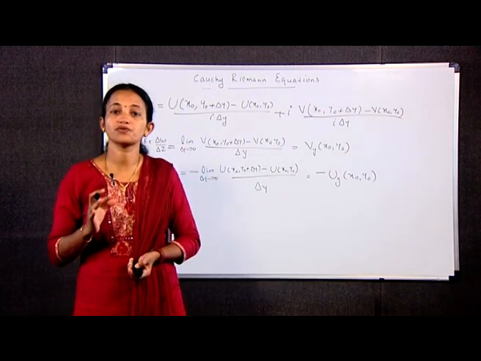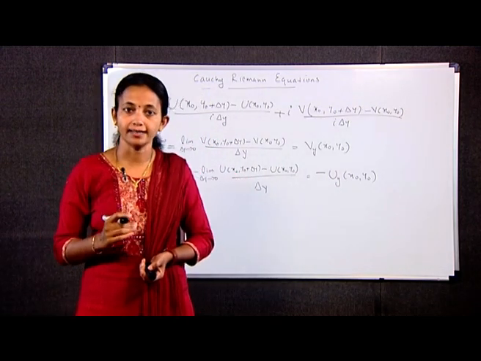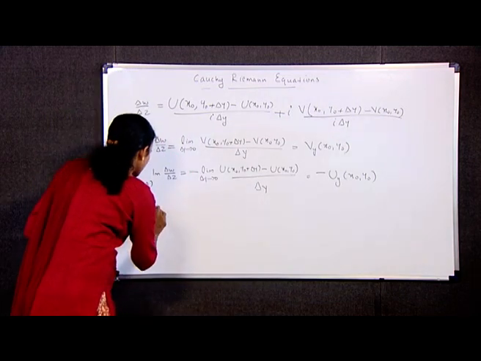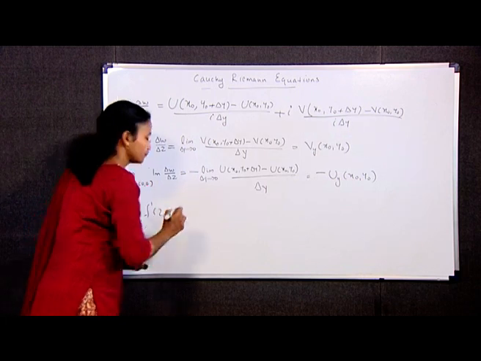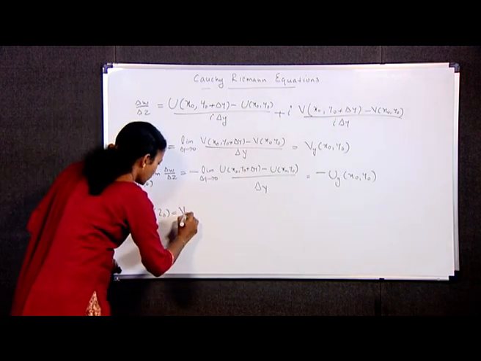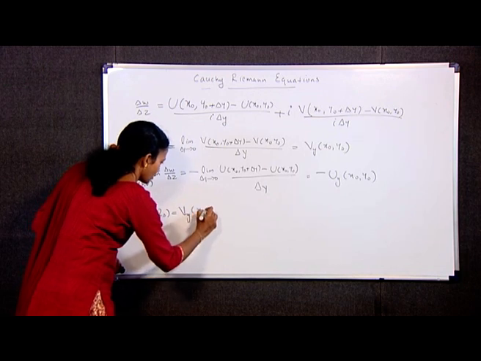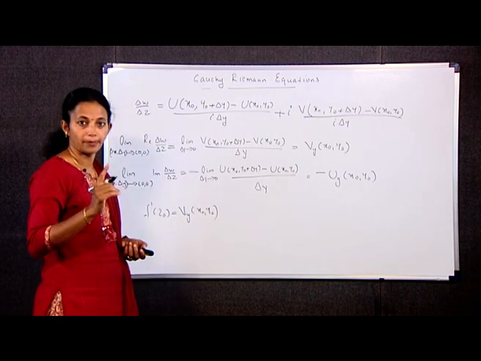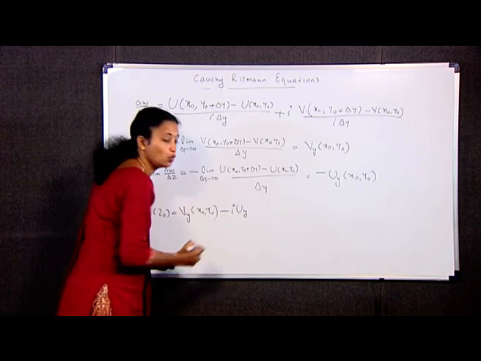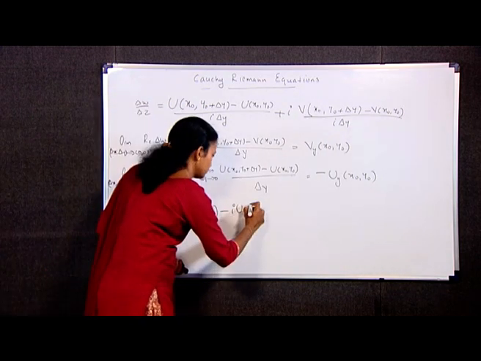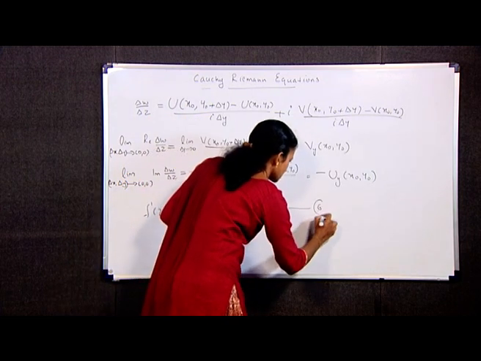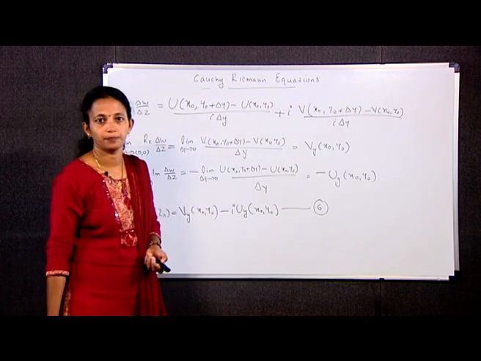Hence, it follows from the expression 4 that f dash of z naught is equal to v_y(x naught, y naught) minus i into u_y(x naught, y naught). Mark it as equation number 6. Here we have a negative symbol.